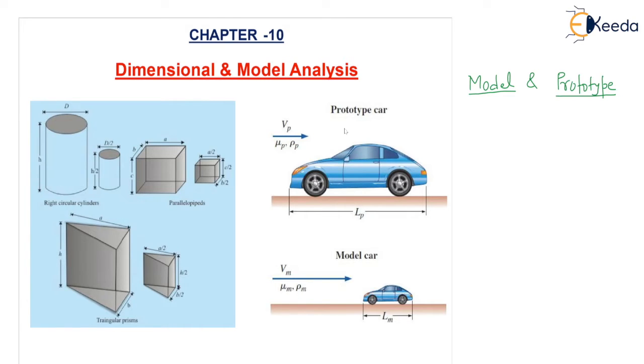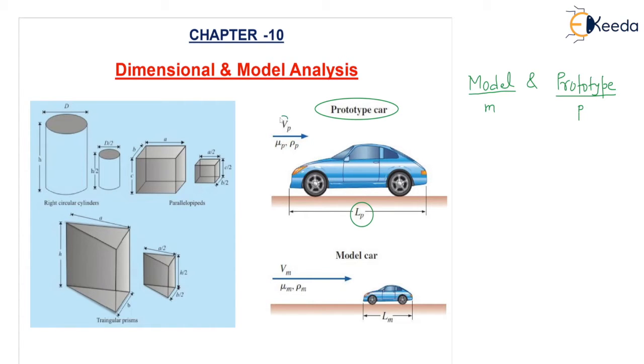First of all, we'll see a car which is called the prototype car. Prototype is actually the real working machine of actual size. What are the parameters given here? LP. LP is the length of the prototype. The P suffix means prototype. For the model we are using a small m, and for the prototype we are using a small p.